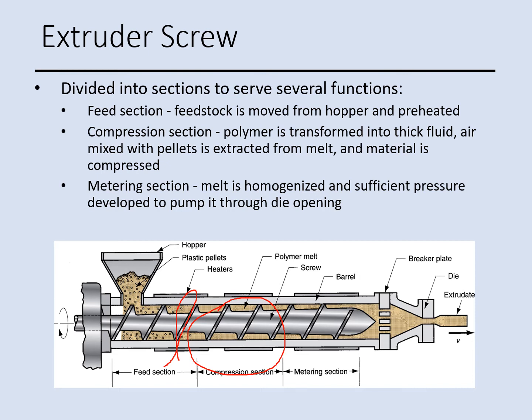In the metering section, the melt is going to be homogenized, and then we have sufficient pressure to pump the polymer through the die opening, this part. So the metering section is this area.